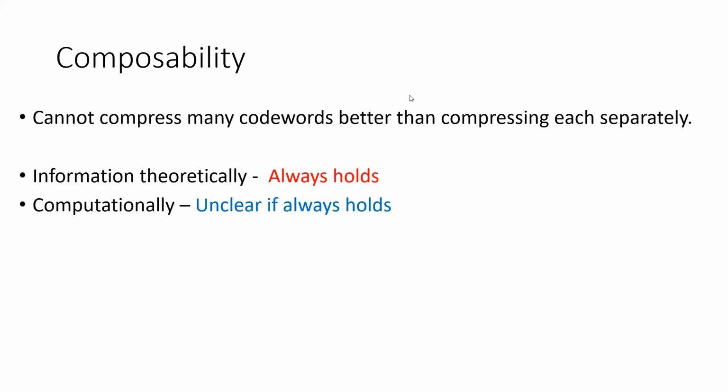In fact, it seems very hard to do a reduction. It seems like you won't be able to do a black box reduction showing that if an adversary can take n code words and compress them below n beta bits, he could compress one code word below beta bits. And I suspect there should be counterexamples, although I don't know of any, even under strong assumptions. So it's an interesting question to come up with counterexamples.